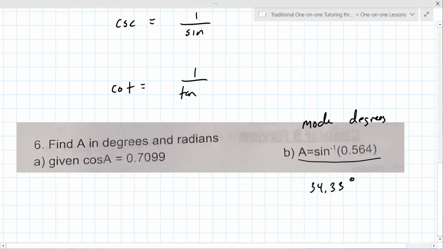Okay. Now, this one over here, it's not formatted well. It's actually, I think this is a little bit more clear. They're saying the cosine is this. So you undo cosine with cosine inverse, but you have to do it to both sides of the equation.